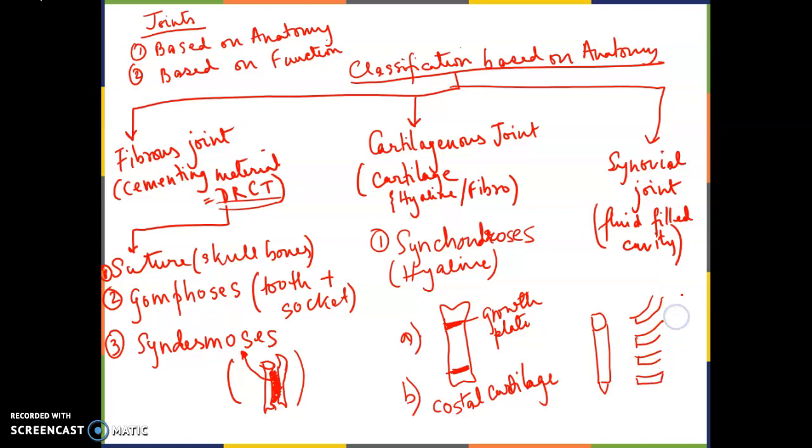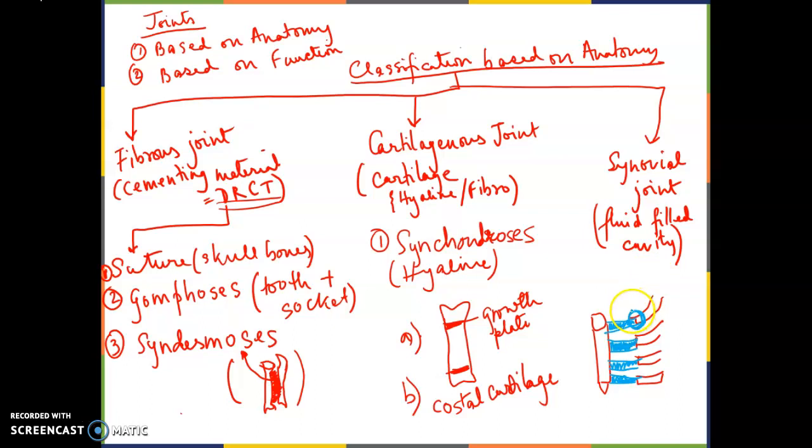Let me use a different color. Okay, so these are the costal cartilages in blue. I'm just describing one, okay? Now, this joint right here, do you see this joint between the rib and the costal cartilage?